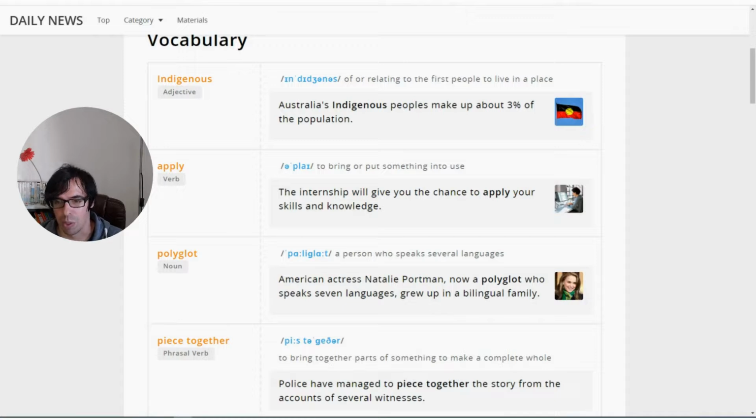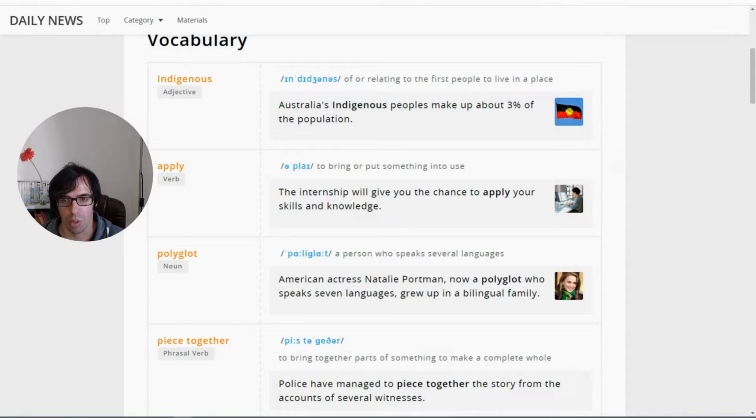Okay, and for anyone wondering here, we can use this word peoples. So usually we would say people, and that could be plural, but in this case, peoples is acceptable because we're talking about an indigenous group.